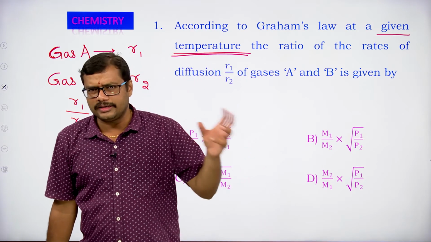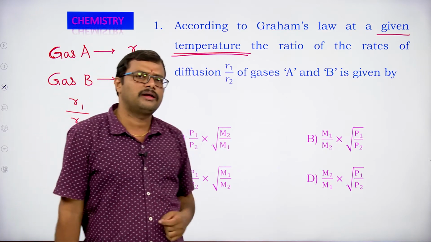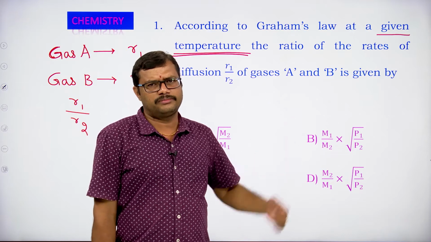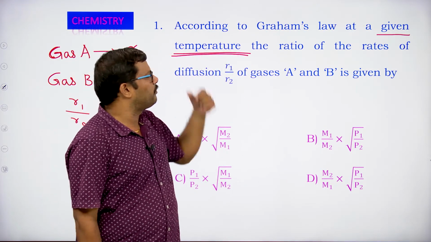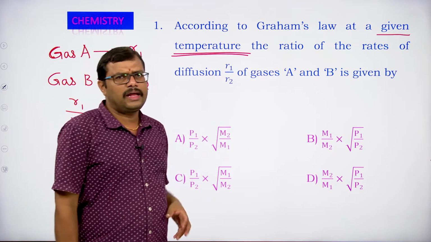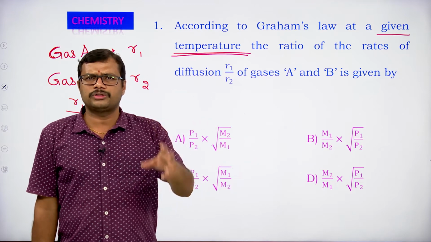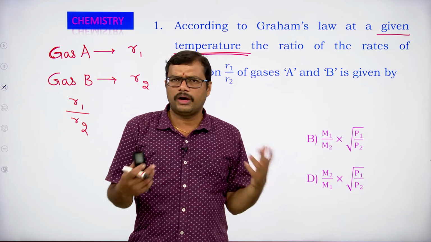So here the relation between the rate of diffusion and the pressure as well as the molecular mass is given. We have already seen while discussing the theory part of Graham's law that when you keep the temperature constant, the rate of diffusion is directly proportional to the pressure. Higher the pressure of the gas, the rate of diffusion will also be high.